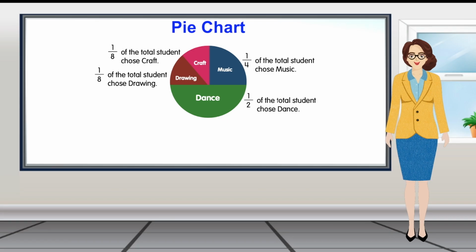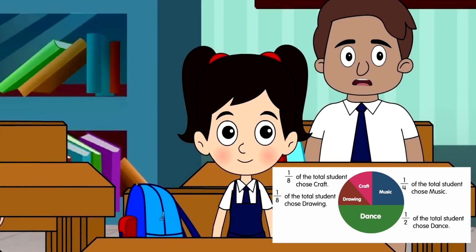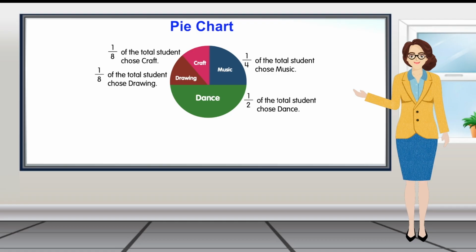Which two activities have the same number of children? 1/8 of the total children chose craft, and 1/8 of the total children chose drawing. So craft and drawing are chosen by the same number of children. Let's find the number of children in each activity if the total number of children is 80.